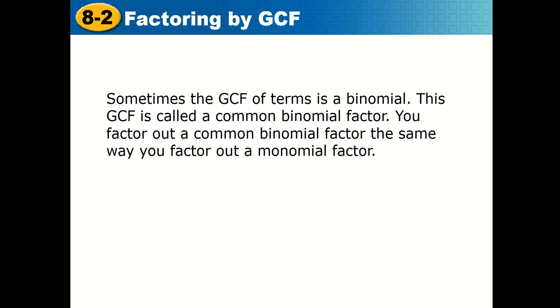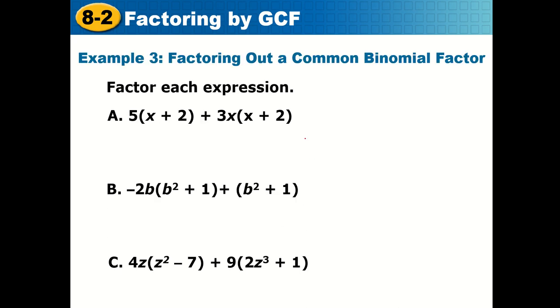Sometimes the greatest common factor of terms is a binomial. This greatest common factor is called a common binomial factor. You factor out a common binomial factor the same way you factor out a monomial factor. This looks really complicated, but it's not, and I'll show you why.